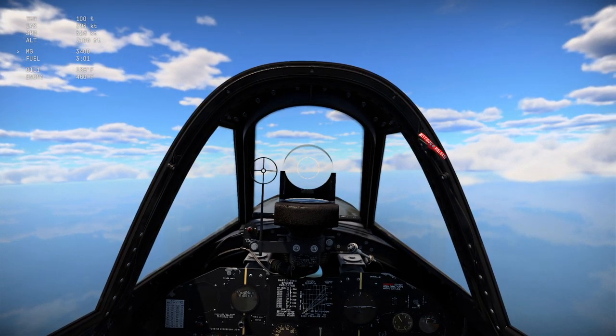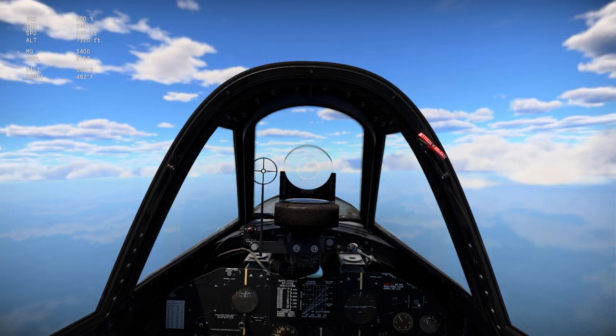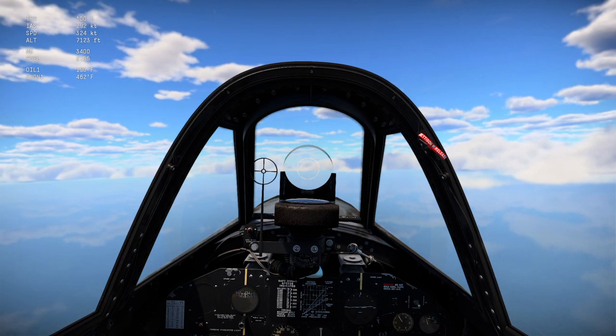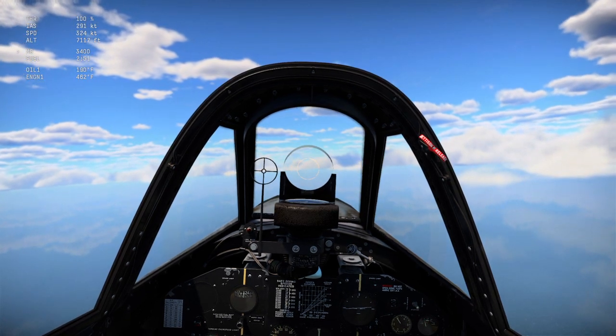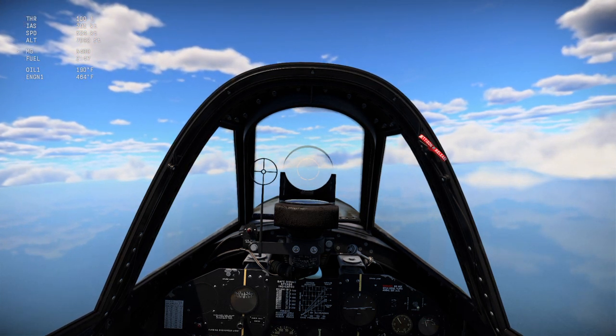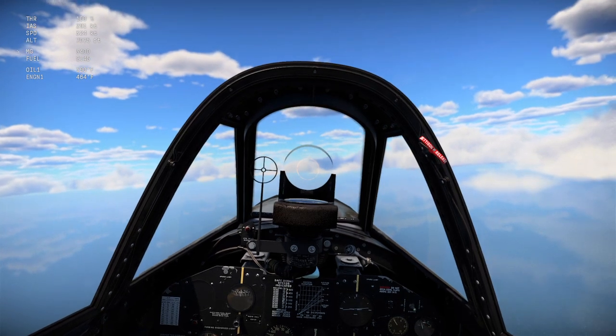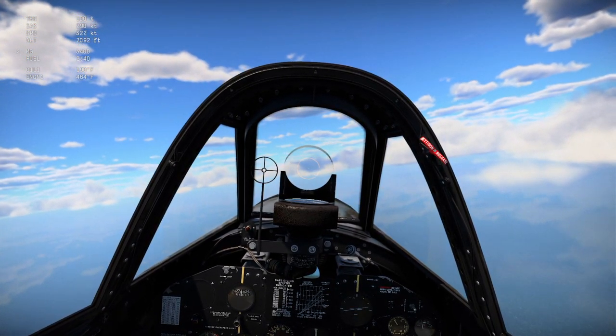Basically, the higher you go, the lower you want to go. So if you're on the airfield, set it to 85. When you start climbing to 10, 15, 20,000 feet, just drop it a percentage or two. You don't have to go to 50% because you'll lose power. You're not going to get any lower than, I want to say, 75% mixture.